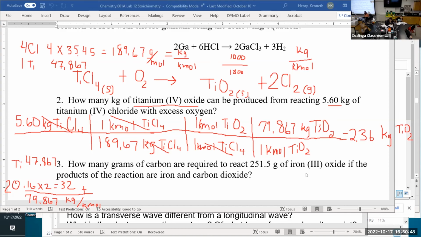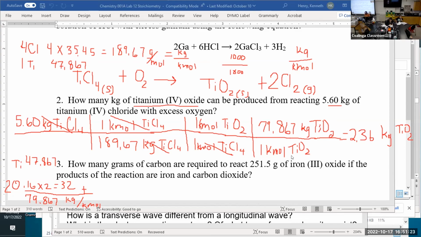But if you're doing it wrong, you don't know. The drag and drop helps you set up how you should be doing your stoichiometry, and it'll let you know if you're going the wrong direction. It'll calculate. Okay, so did that help?